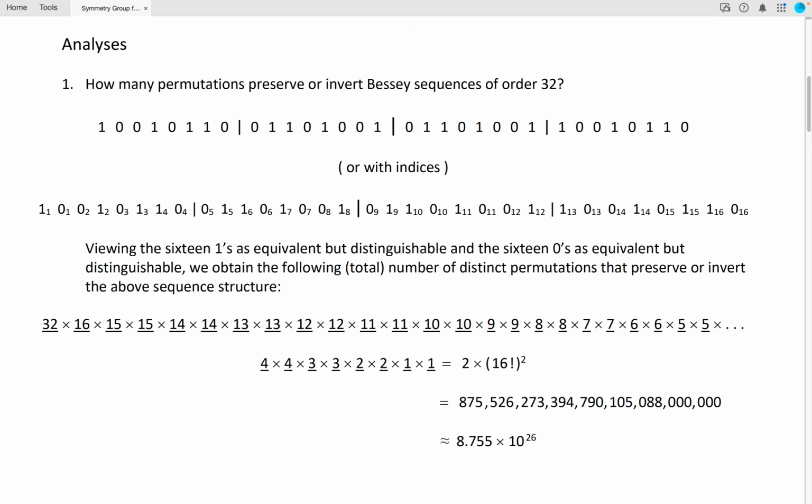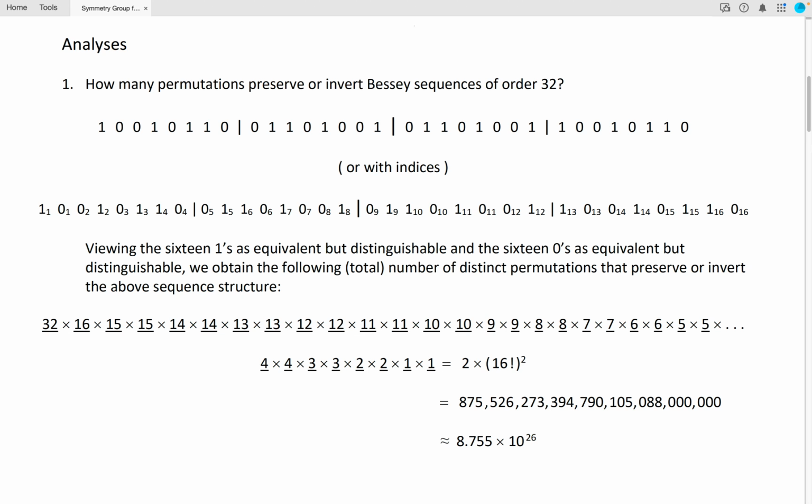Analyses. 1. How many permutations preserve or invert Bessey sequences of order 32? Here is one such Bessey sequence, or expressed with indices, it becomes the following.